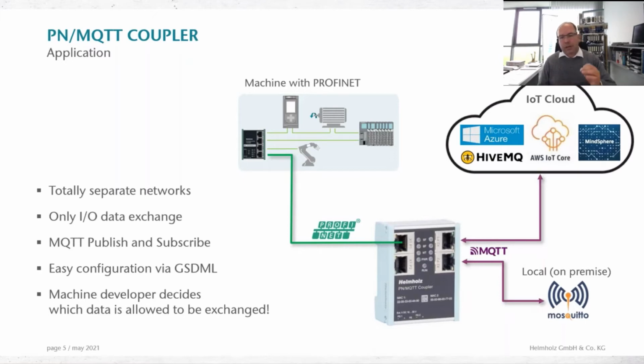So you decide inside the PLC project which data you want to exchange. The data is inside the IO area of the PLC, and in your PLC program you can decide which data has to be sent on which event, or even if you receive data on the inputs, you can decide by yourself which data is allowed to be used in specific application use cases.